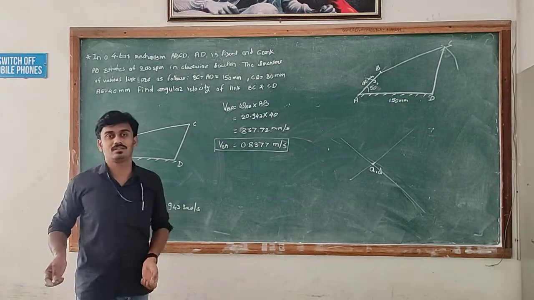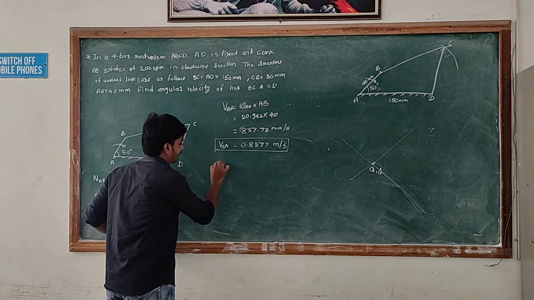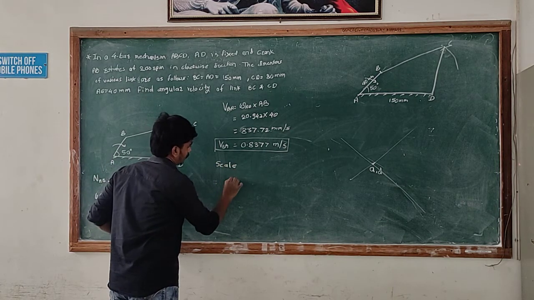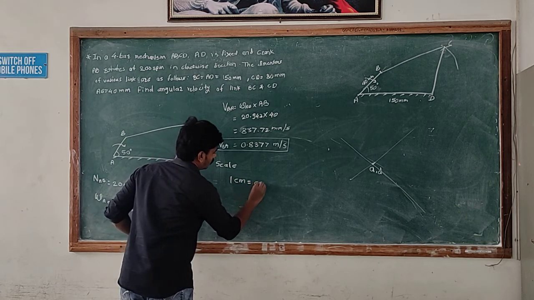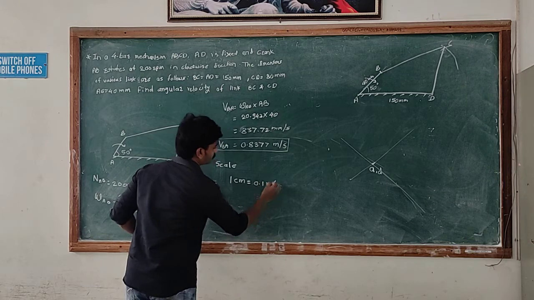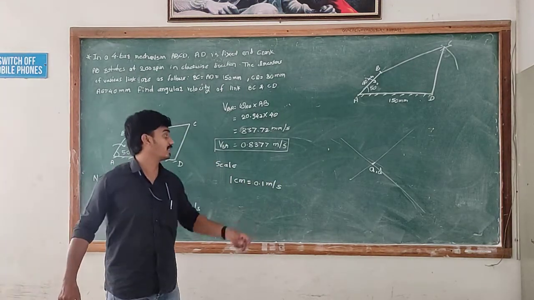So assume some scale. We will assume the scale 1 centimeter is equal to 0.1 meter per second.